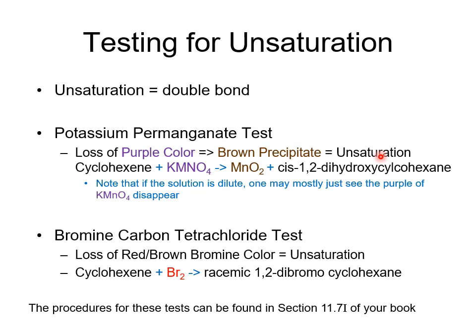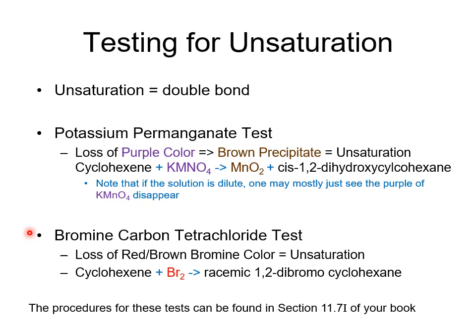So you would put a little bit of the solution into potassium permanganate. You can see here the reaction, cyclohexene plus potassium permanganate forms manganese oxide and cis-1,2-dihydroxycyclohexane. Note that if the solution is dilute, one may mostly just see the purple KMnO4 form disappear.